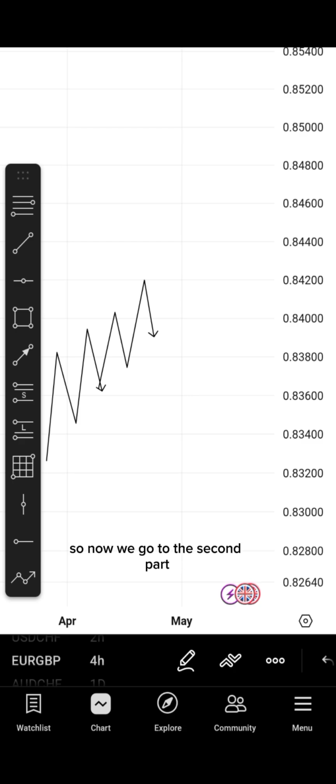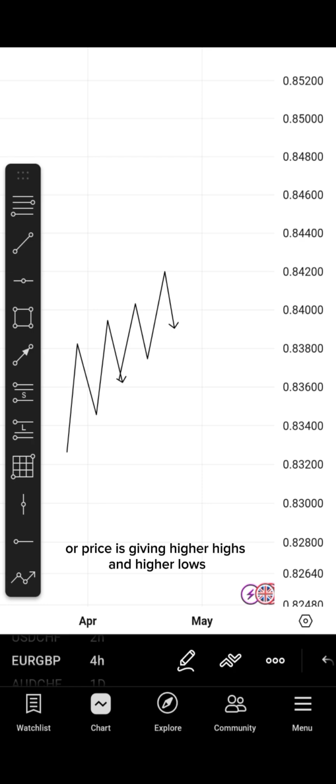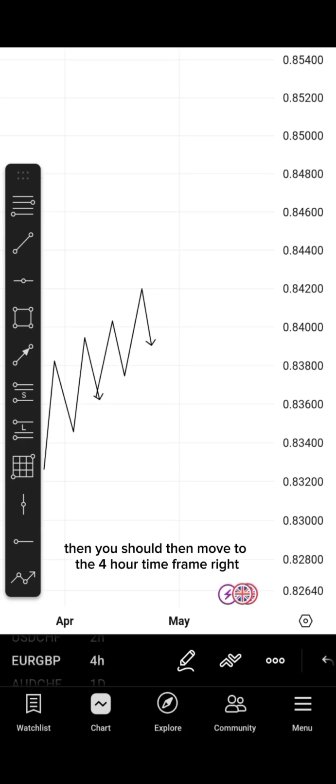So now we'll go to the second part, which is identifying your structure. Since we know it's a bullish bias, where price is making higher highs and higher lows, you should be looking for buy setups. If this is the daily or the weekly time frame, then you usually move to the 4-hour time frame.